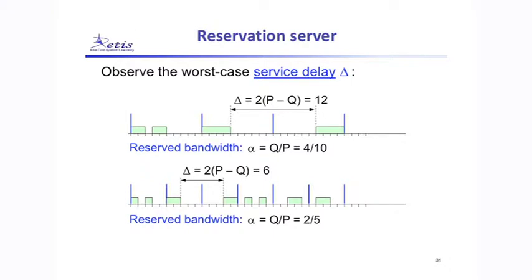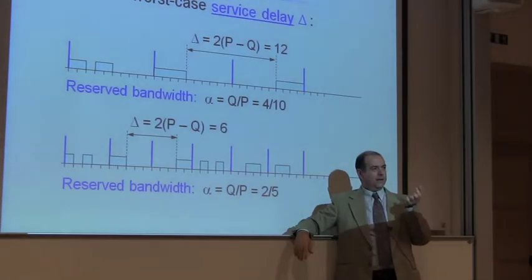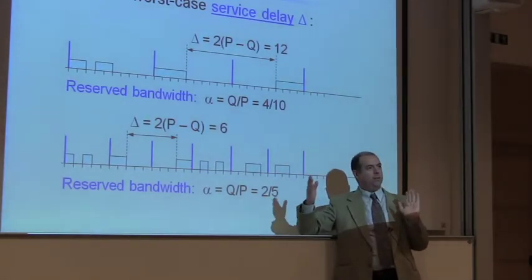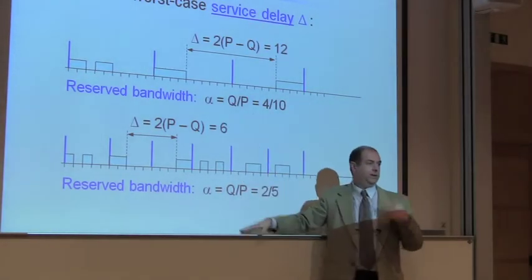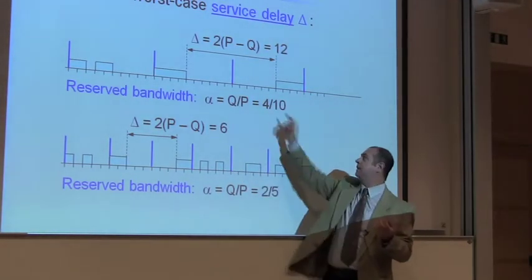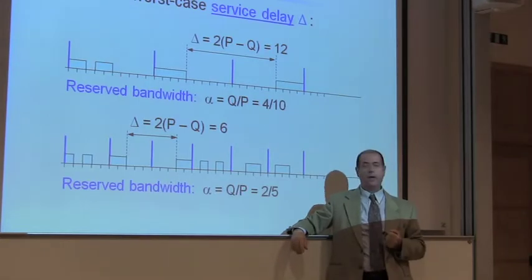So this is a specific mechanism, but that can be abstracted by considering 2 equivalent parameters, let's say. One is the fraction we allocate. So instead of thinking of amount of time Q every period P, we can think of bandwidth, the fraction we allocate, in this case 0.4.